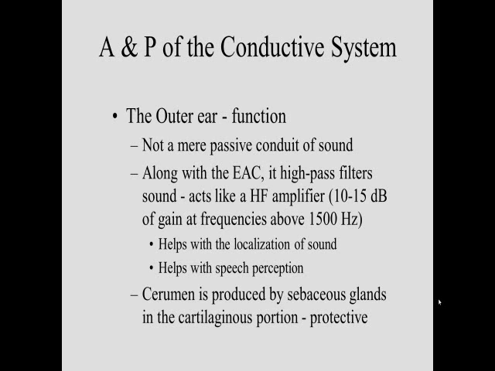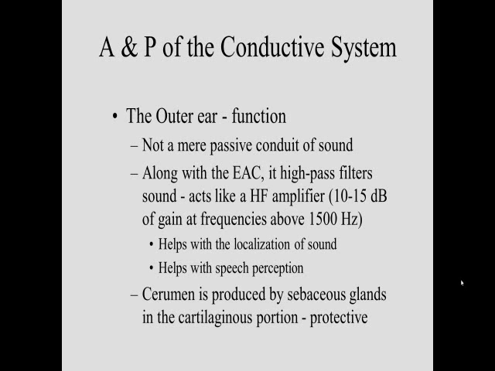And we could make some predictions about this kind of sound shaping or spectrum shaping, if you will, when we take a look physically at what the outer ear consists of. So as we see here, it's going to act essentially as a high-pass filter or a high-frequency amplifier, and it seems to be most effective in that regard at passing energy 1500 hertz or above.